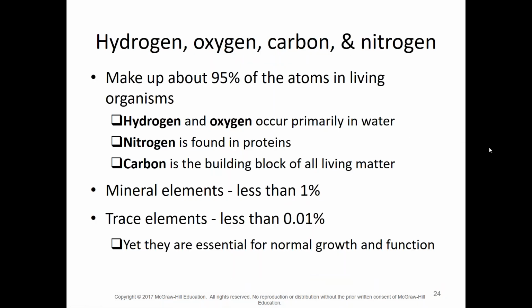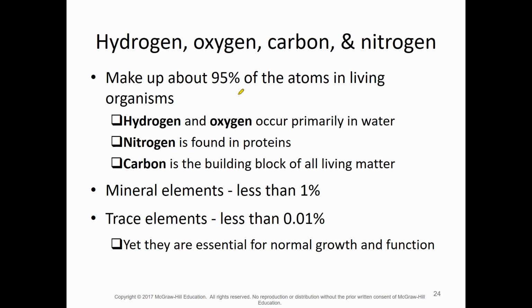Okay guys, down to the last little part here, we're going to wrap up talking about all of the atoms that are important in the living world. So we've been talking about all these different atoms and different types of elements. Which ones are the most important to us, and what are the bodies that we have actually made of?